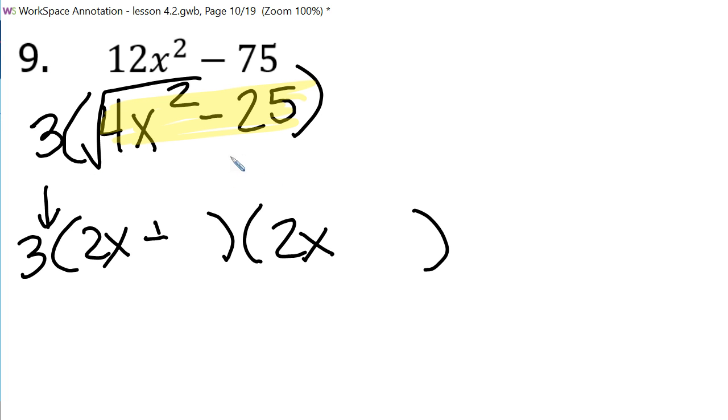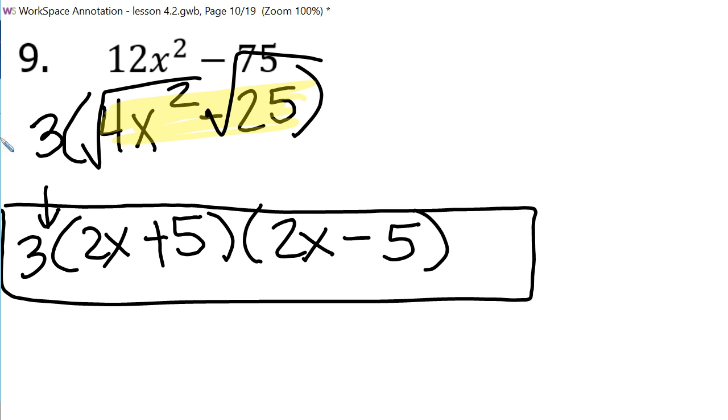One is a plus, the other is a minus. And what is the square root of 25? 5. Don't forget that GCF needs to be included in your answer.